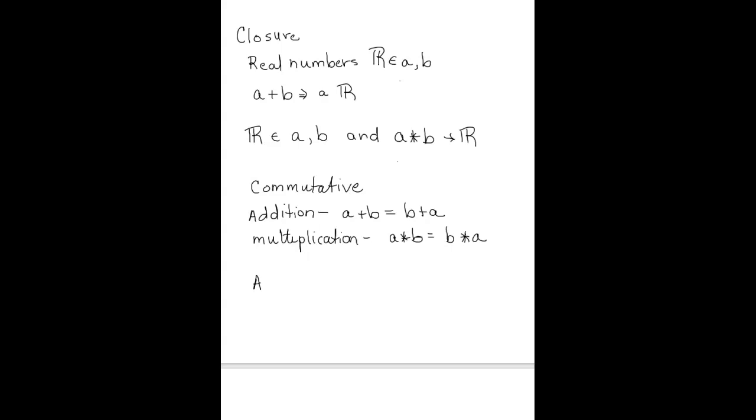Associative property. In addition, we're adding three numbers, and it is saying which one do you pick first. So we've got A plus B that's being added first, and then we're going to add C after that.